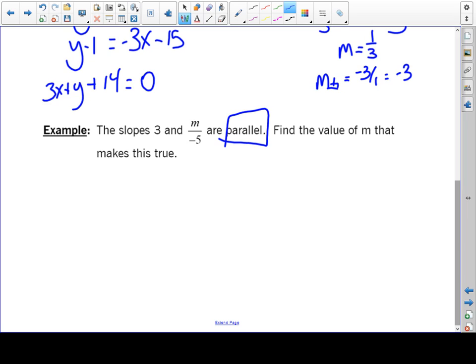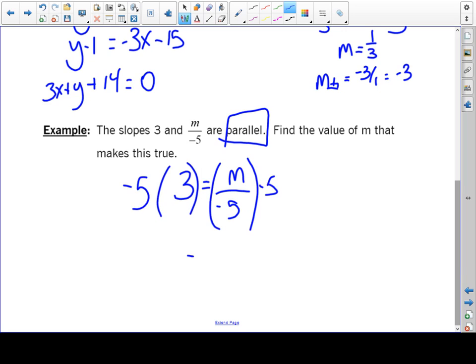Very good. 3 equals m over negative 5. So now it's a trip back to grade 9 where you learned how to solve equations. We're going to take both sides of this equation and multiply by negative 5. So we see that m is negative 15. Done.